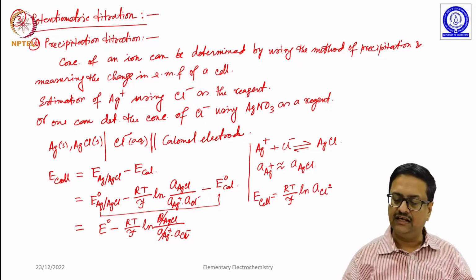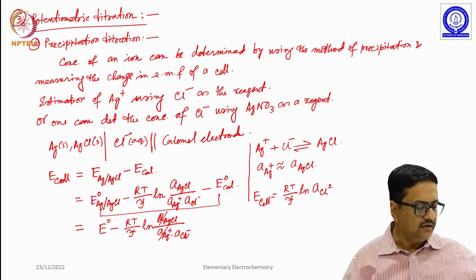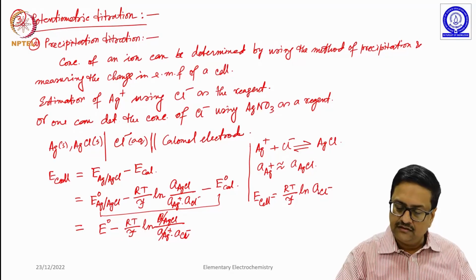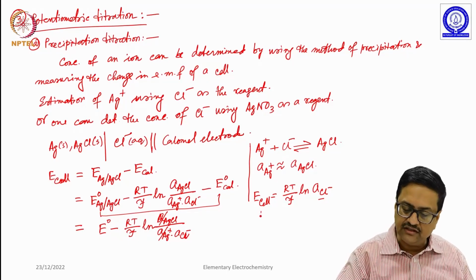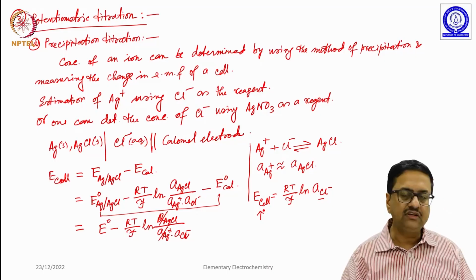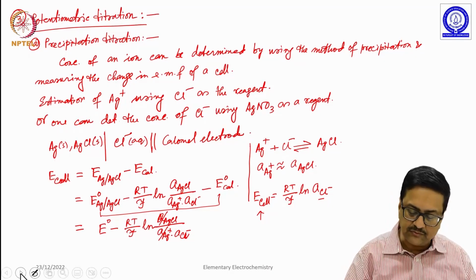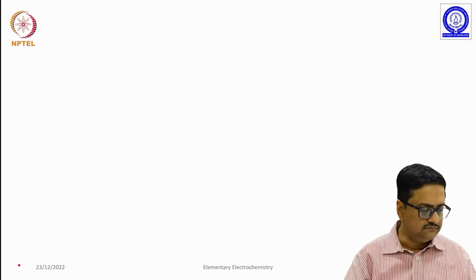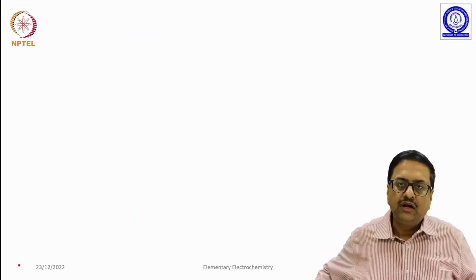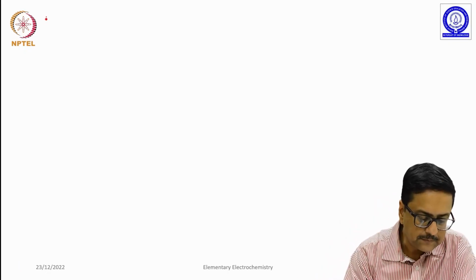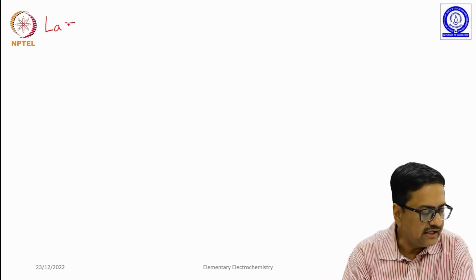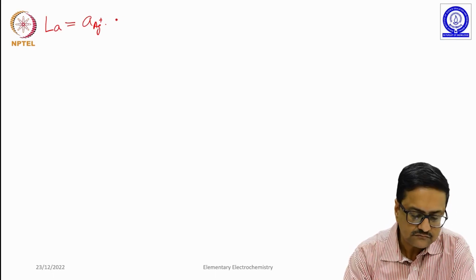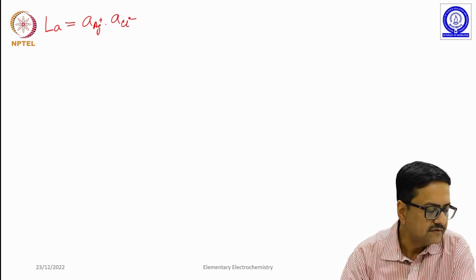So, now what happens is that one can change the concentration of chloride ion and continuously determine the E cell value and do the experiment of determination of the E cell with varying concentration of chloride. But then what you know is that the activity product La is activity of Ag plus into activity of Cl minus.